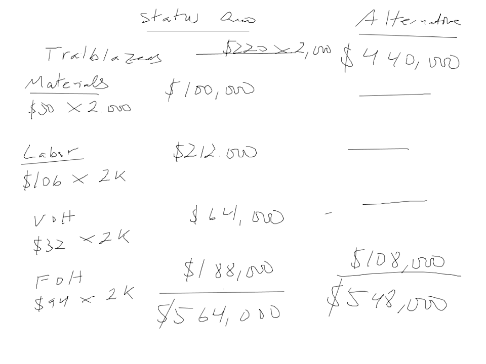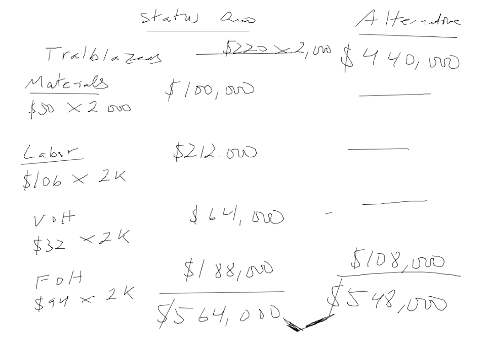However, the question tells us that we're going to continue making them unless the alternative saves us at least $20,000 a year. So in this case, we're spending $564,000 if we make them, or if we buy them, it's $548,000. So that is not quite.